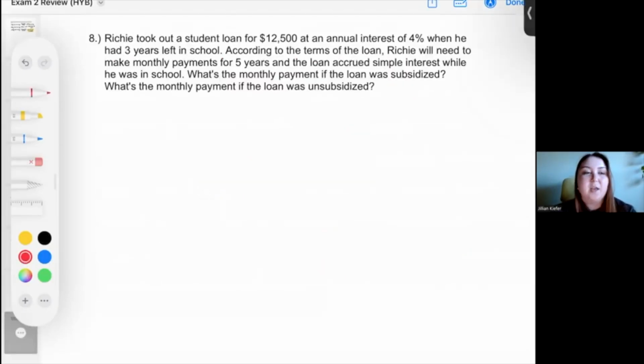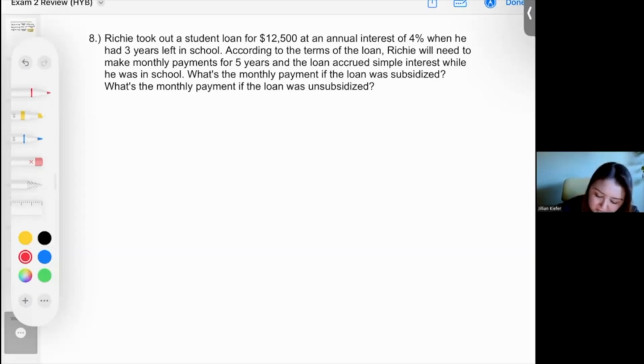All right, so the formula we're using is the monthly payment formula. So we can go ahead and write this out. Specifically for student loans, we say the monthly payment formula, we're going to use 12 for all of our n's in our generic formula.